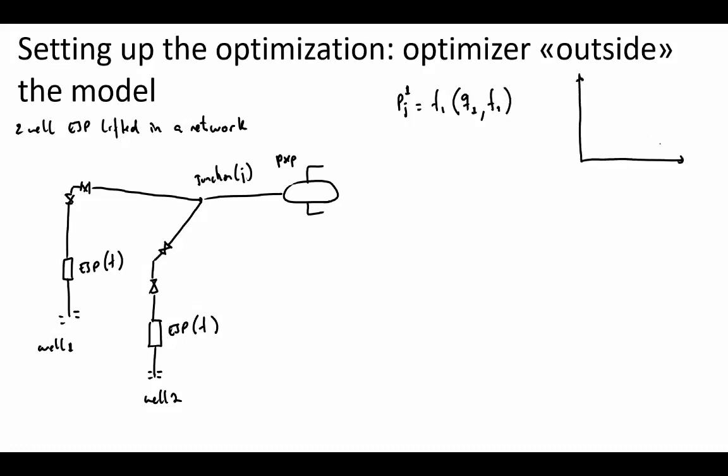We have done this equation a few times in class. For a fixed F1, we should see something like this, Q1 versus PJ1.